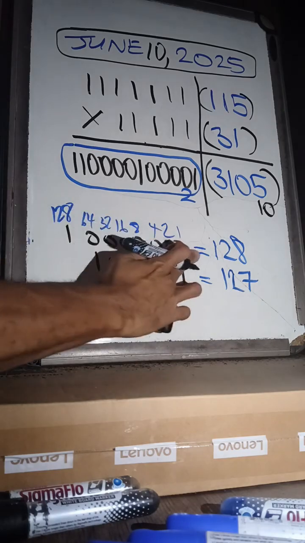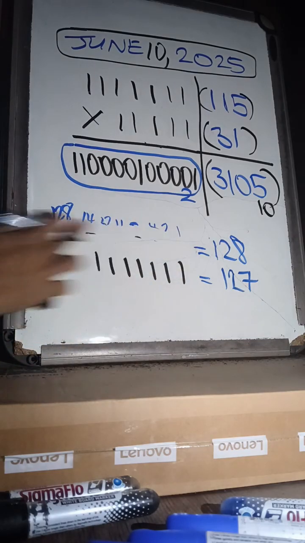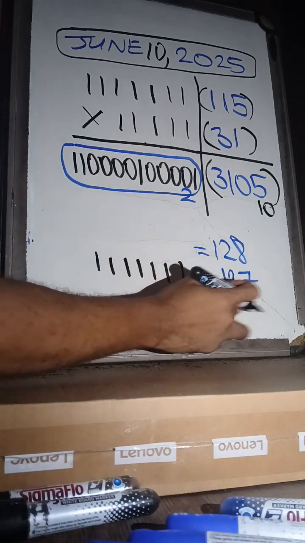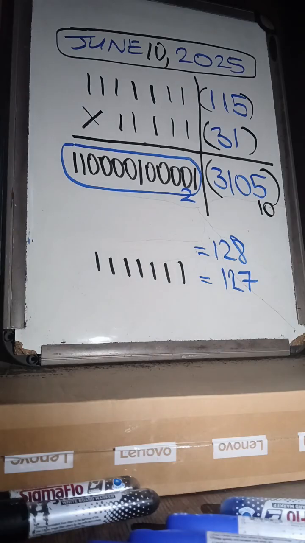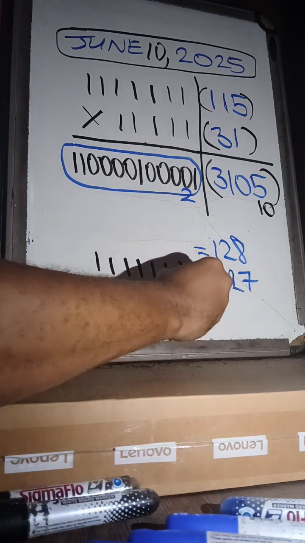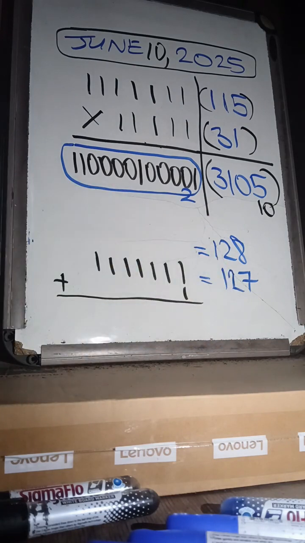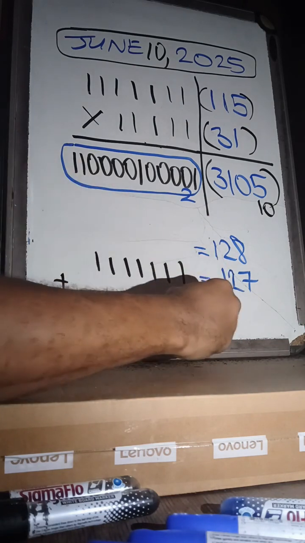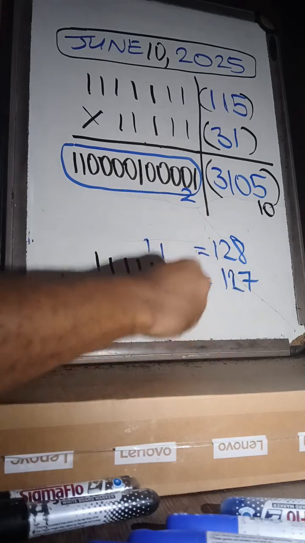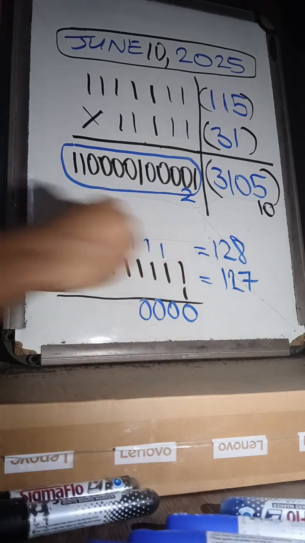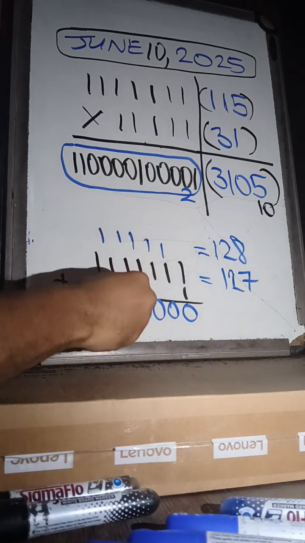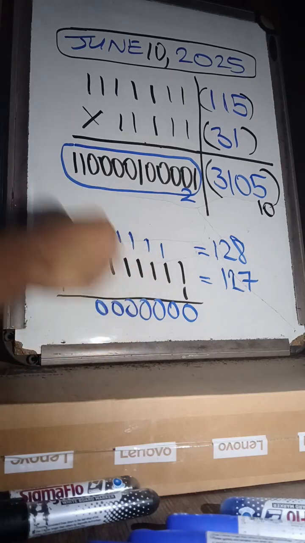And you can prove that by doing this. If you add 1 to 127, you get 128. So if I add 1 to this, I'll end up with 0, carry 1, 0, carry 1, 0, carry 1, 0, carry 1, 0, carry 1, 0, carry 1, 0.